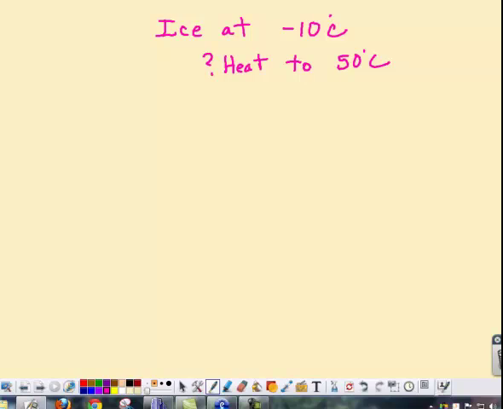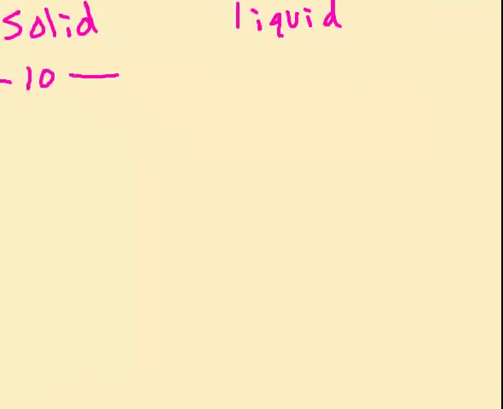All right, so we have to understand that when you are at minus 10 degrees Celsius, water is in the solid phase. When you go to 50 degrees Celsius, water is in the liquid phase. So we actually don't just have one calculation here, we have two. Because the first thing we have to do is change that solid from minus 10 degrees to its melting point, which for water we understand is 0 degrees Celsius.